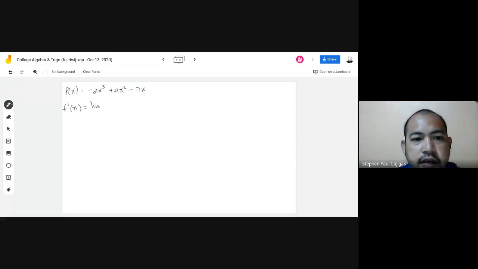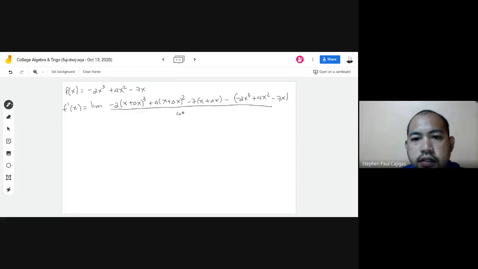So this is the limit of negative 2 times x plus delta x cubed plus 4 times x plus delta x squared minus 7 times x plus delta x, minus the quantity negative 2x cubed plus 4x squared minus 7x, all over delta x, as delta x goes to 0.